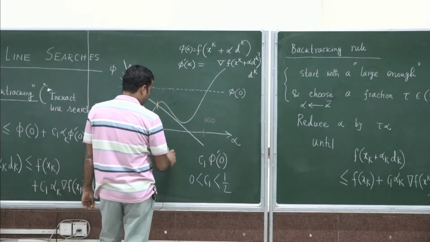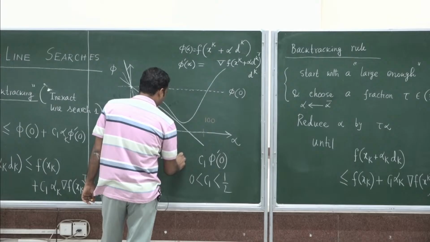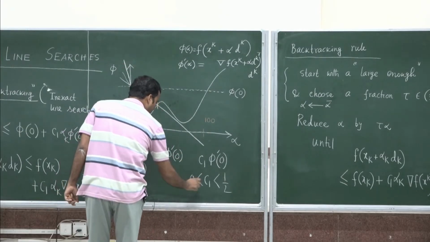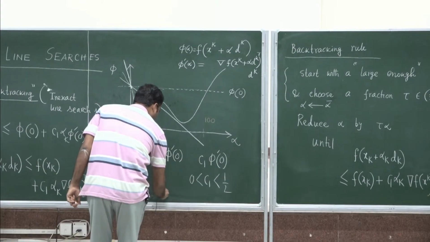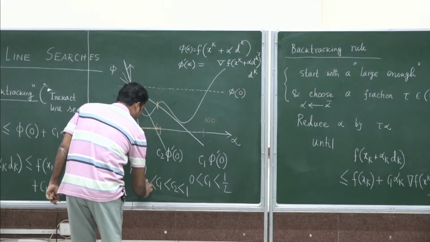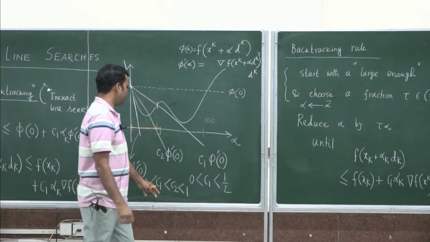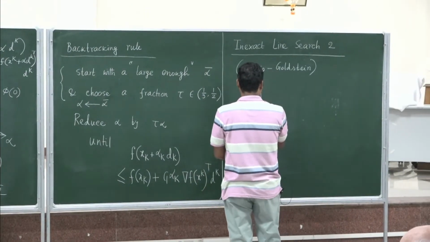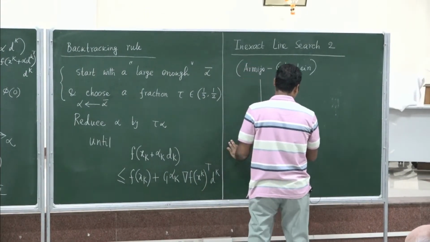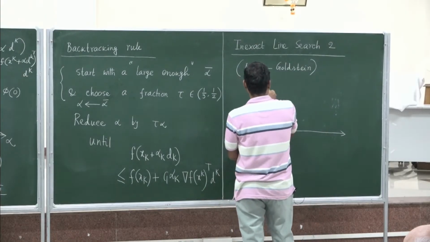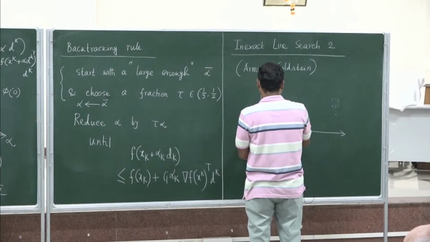So you choose C2 times phi dash 0 to be the slope of the line, where the C2 value is bigger than C1. So C1 less than C2 less than 1, bigger than 0. Under this condition, the step length is not going to be very small, as well as the function value decrement is substantial.